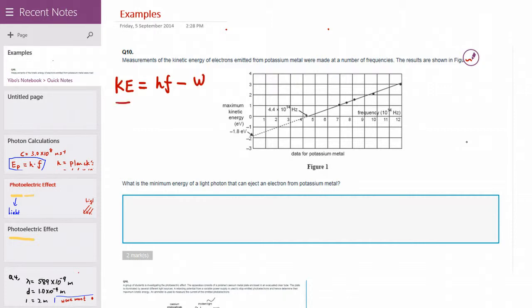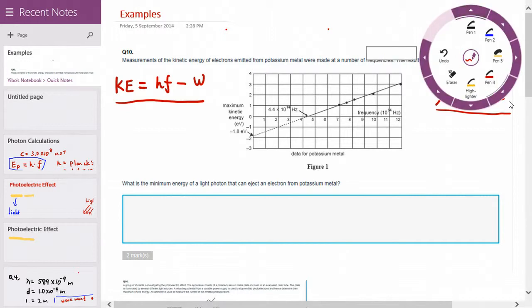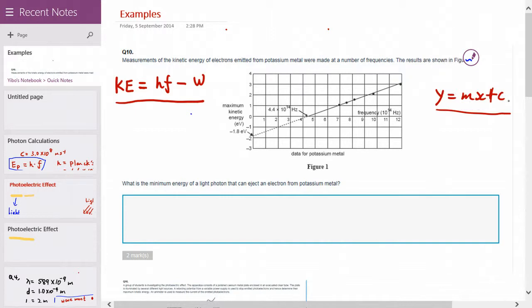Now look at this equation and think about it like your linear equation from year 10 math: y equals mx plus c. They're the same type of equation.